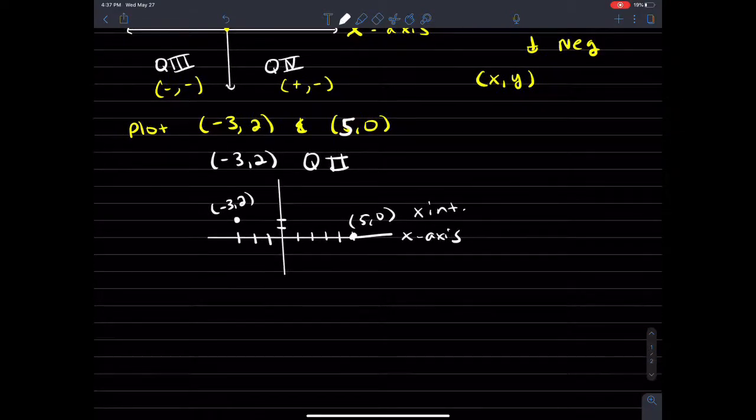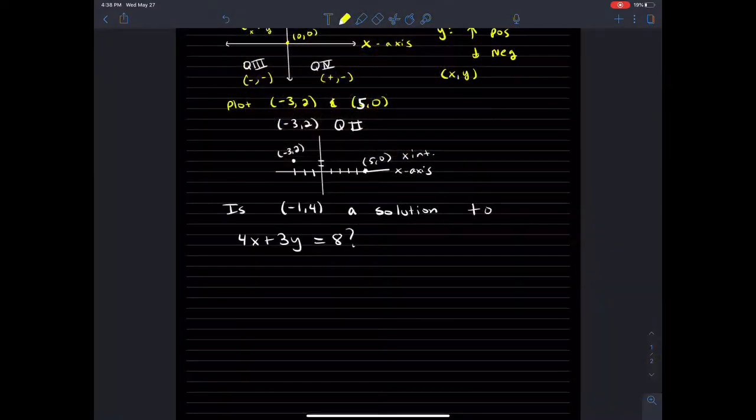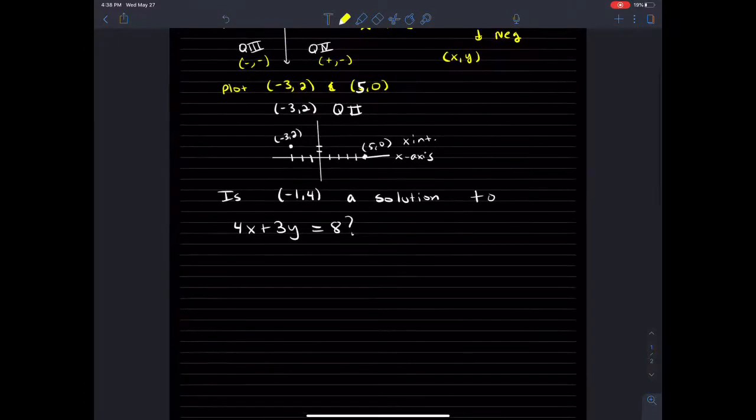Okay. Now, here's a question. Is that ordered pair a solution to that equation? To check, we're going to take our point (-1, 4), and we know this is (x, y), so x is equal to -1 and y is equal to 4, and we plug it into that equation and see if it yields a true statement.